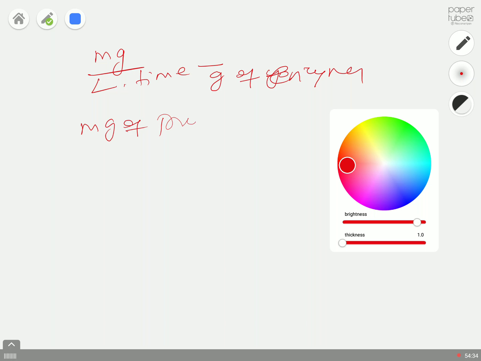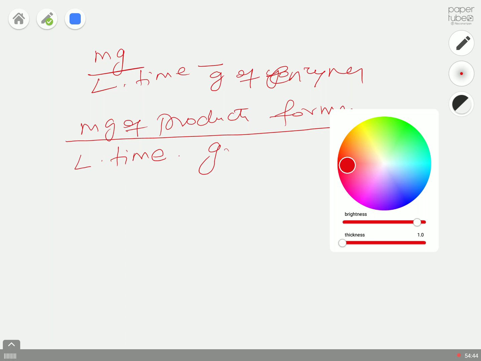Milligram of products formed per unit time per gram of enzyme, and this value is going to change depending on the purity of your enzyme.